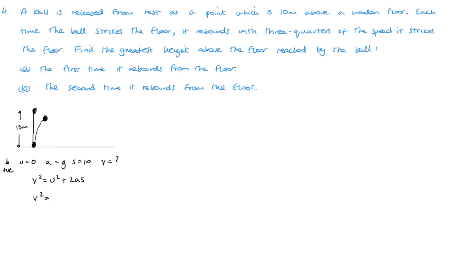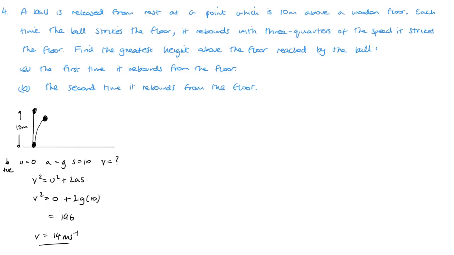V squared equals 0 plus 2G times 10. So 2 times 10 is 20, times 9.8 is 196. So V is the square root of that, which is 14 meters per second.